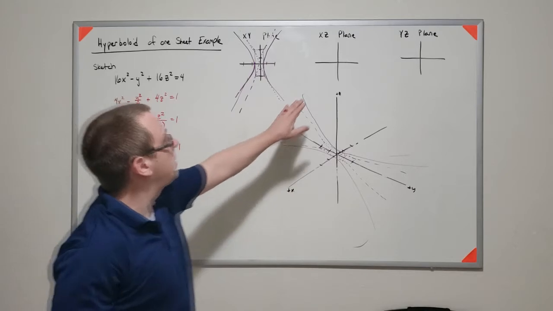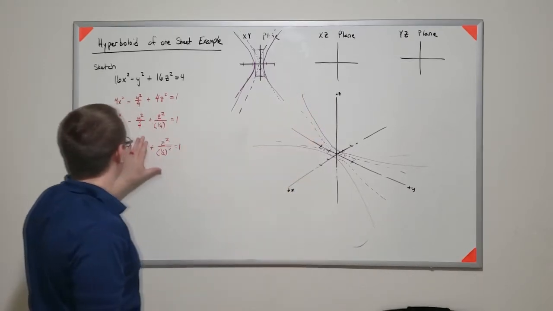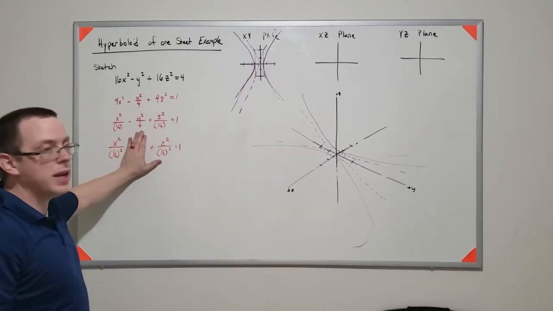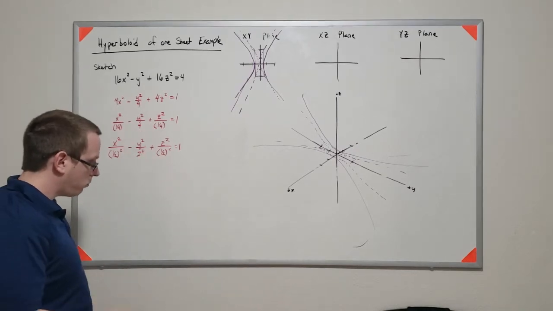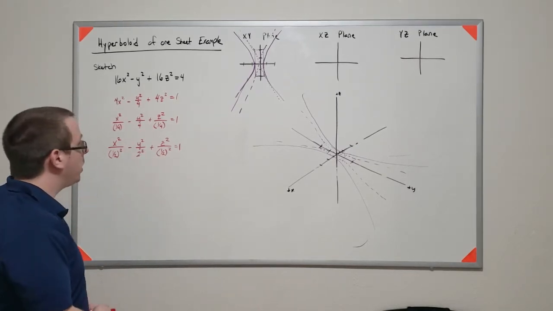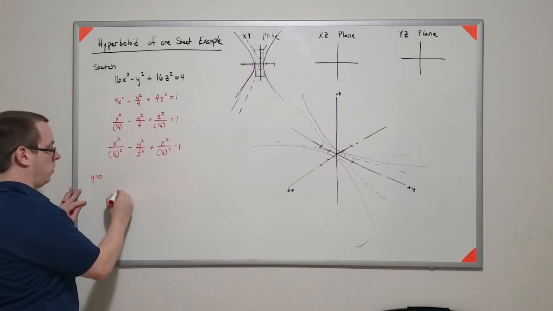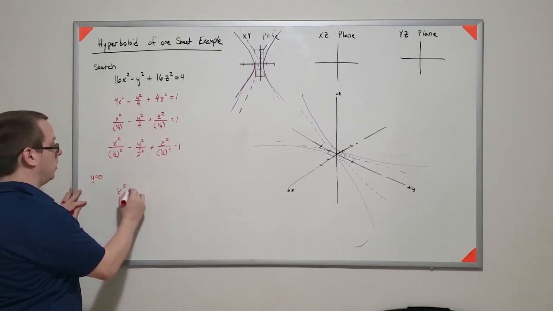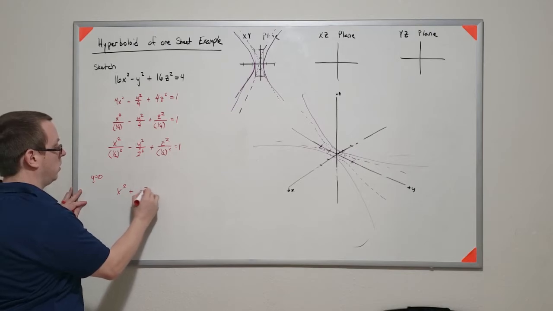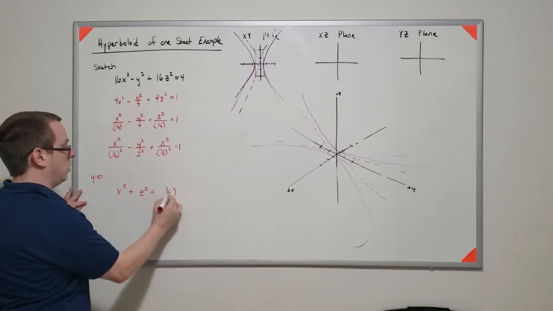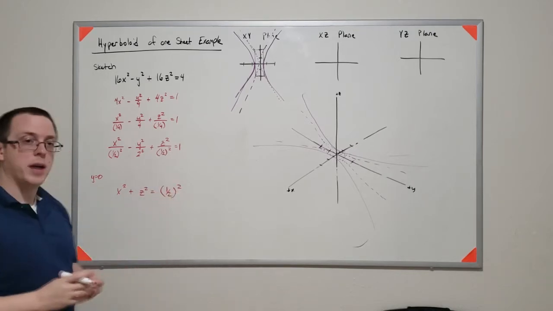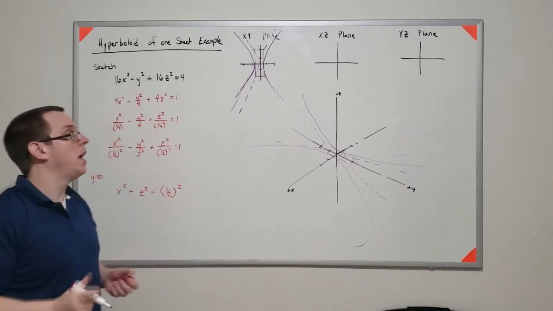Now, if we look at the xz plane, so if y is equal to 0, in that particular case, that's actually a circle. Notice that in the case where y equals 0, x squared plus z squared equals 1/2 squared.